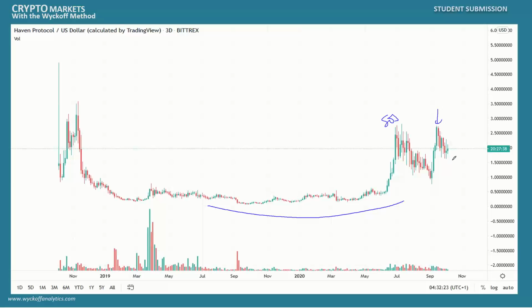So we expect to see more and more consolidation here, and this is a 3-day chart, so it's a very long-term chart, but I think this chart is very interesting. Of course, we have to see further consolidation and confirmation, but I really like this pattern when we have a round formation and then a dynamic rally and consolidation.